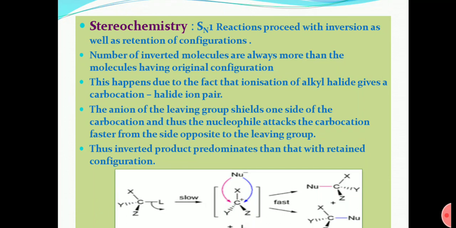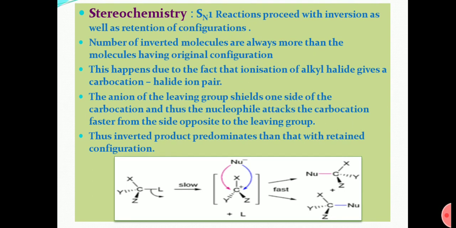In SN1 reactions, we can see two types of products, that is, product with inverted configuration as well as original or retained configuration. Among these, inverted molecules are always in greater number than the original configuration. This happens because ionization of the alkyl halide gives a carbonium ion halide ion pair.